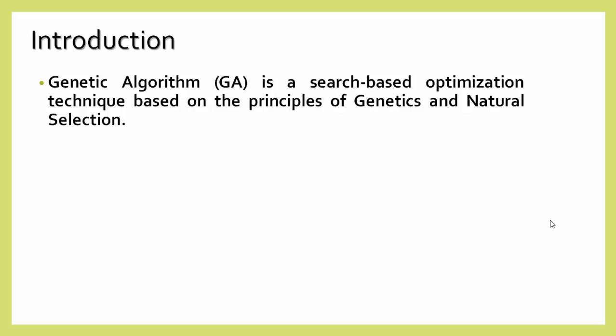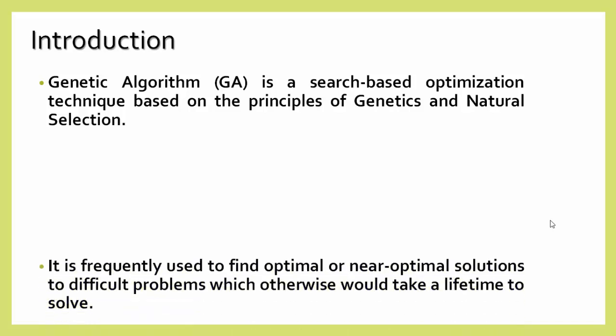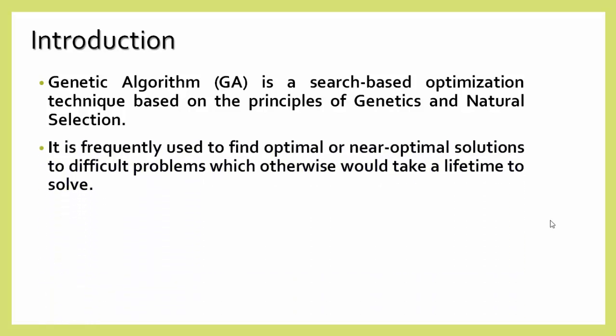It is frequently used to find optimal or near optimal solutions to difficult problems which otherwise would take a lifetime to solve. It is mainly focused on the problems to find out the optimal solution.